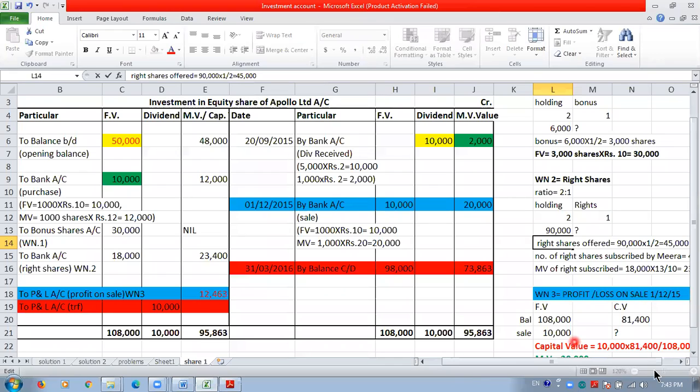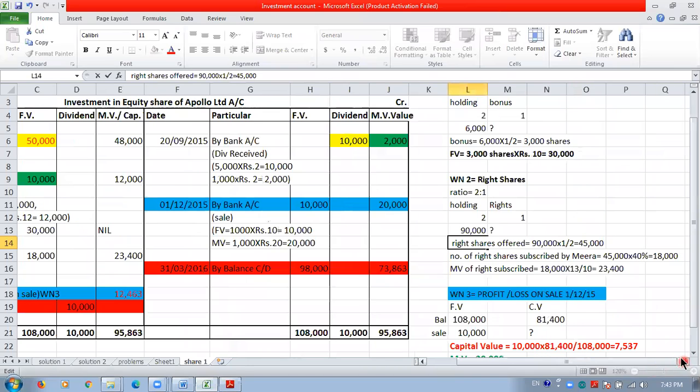Then again we have to calculate her subscription, because she has not subscribed for 100% of the right share. She only subscribed for 40%. So right shares subscribed by Mira are 45,000 into 40%, so 18,000 face value right shares are subscribed by Mira.